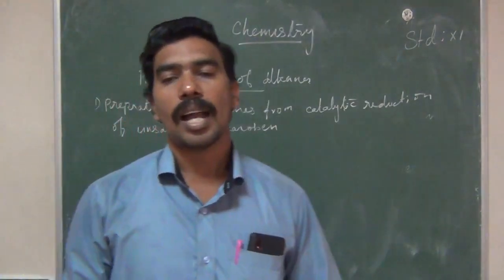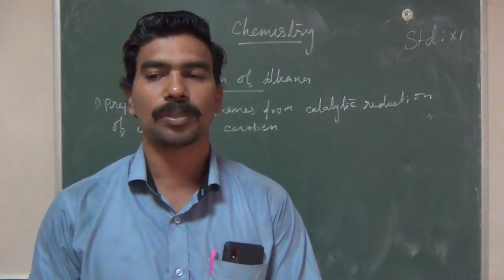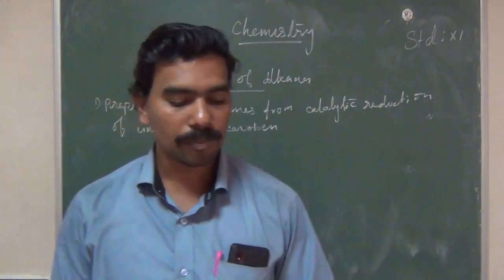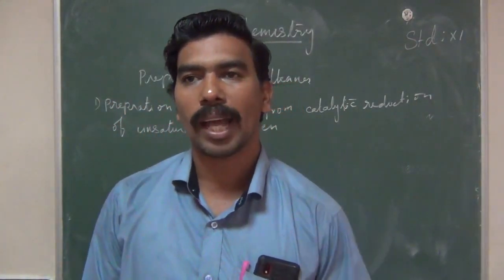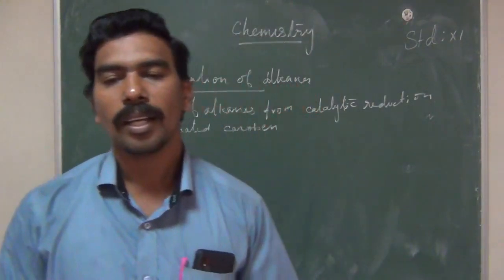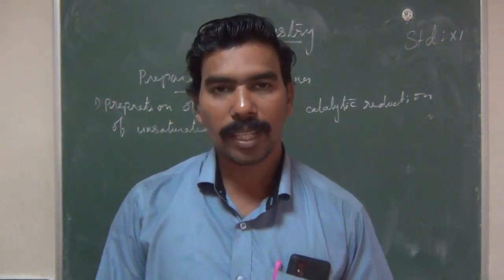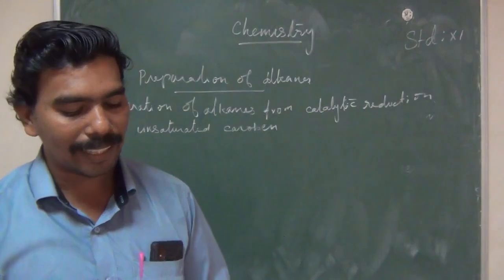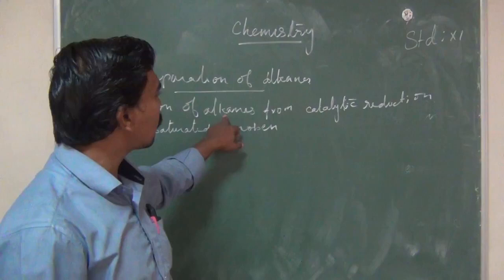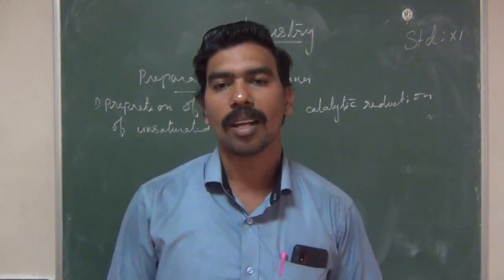Already we discussed that unsaturated means the double bond group and triple bond group, known as unsaturated hydrocarbons. We already discussed the types: aliphatic and aromatic. Aliphatic is classified again into 3 types: alkane, alkene and alkyne. Here unsaturated means alkene and alkyne are known as unsaturated hydrocarbons. So the alkane is prepared from the alkene or alkyne group.